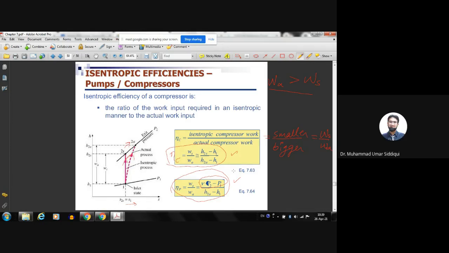If there are no losses, then little work input is needed, because whatever work input I provide will be converted into high pressure. You get it? So for the case of the compressor, work input will be larger if there are losses in the compressor, because part of it will be lost. But if there are no losses in the compressor, then the work input will be less. So Ws would be less than Wa.